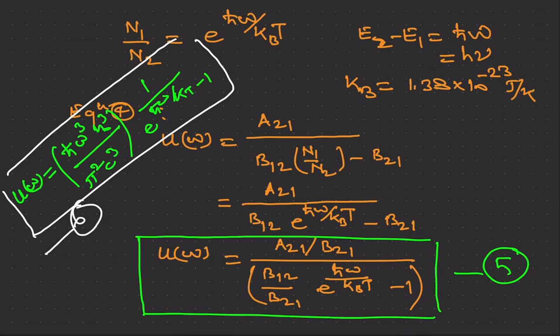and using relations 5 and 6 we get B12 by B21 is equal to 1, which implies that B12 is equal to B21.